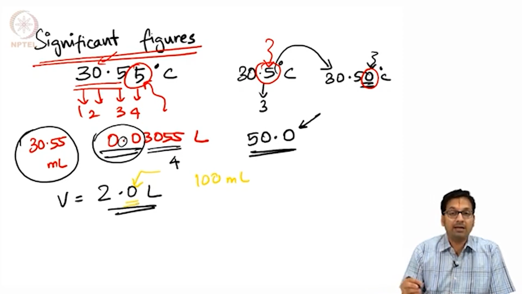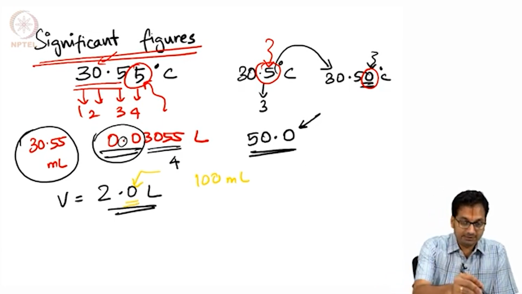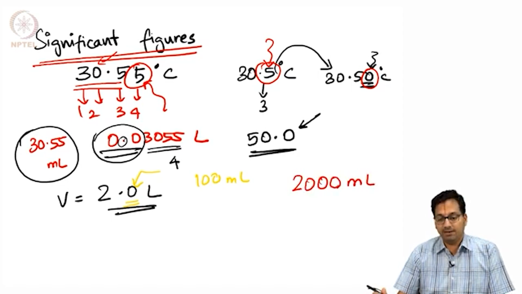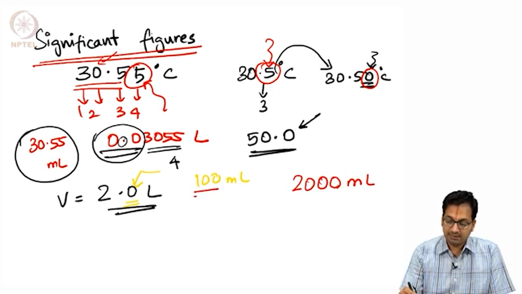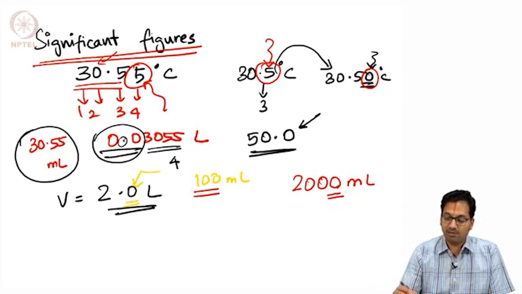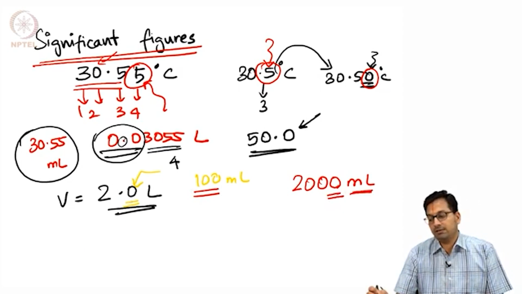Now, on the other hand, if the same student ends up writing this as 2000 ml, this is in some ways misleading, because here you realize you are talking about a 100 ml error that comes in this decimal. However, in this case you are trying to say the same number that is rewritten as 1 ml precision. So, this is a problem.